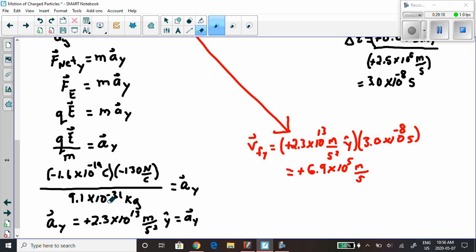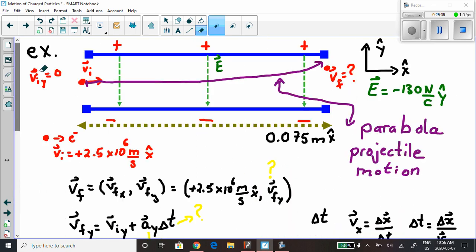There we have it. Electric field, negative. Electric charge on the electron, negative. The mass is always positive. And we get an acceleration which is positive, 2.3 times 10 to the 13 meters per second squared y hat, which makes a lot of sense because it's a negatively charged particle, so it's going to feel a force upward.